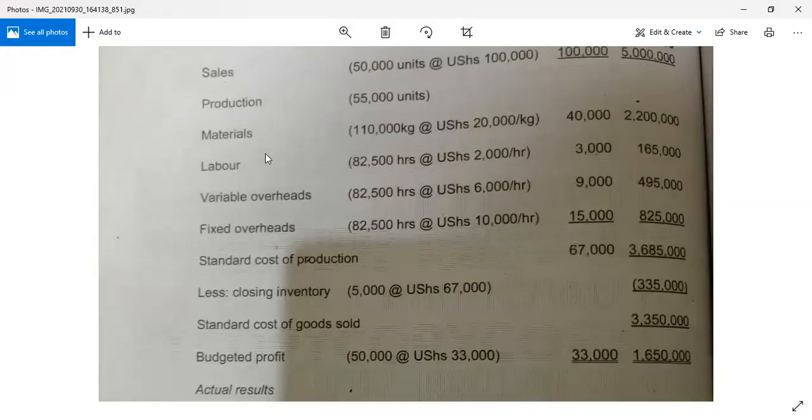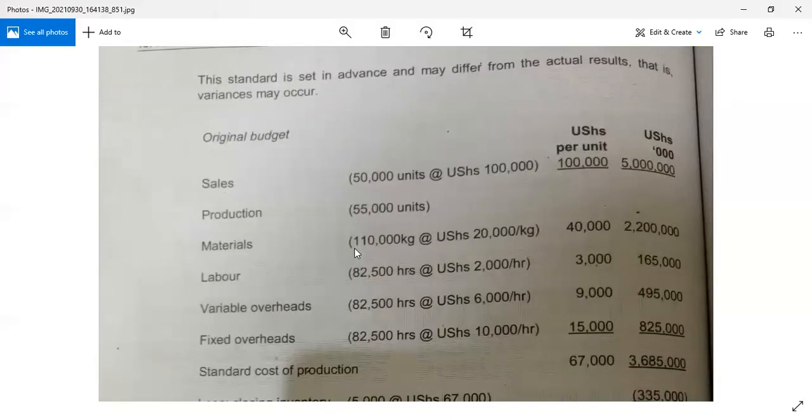Now, from our budget here, we had planned to use 110 kg at how much? At 20,000 per kg. Okay.